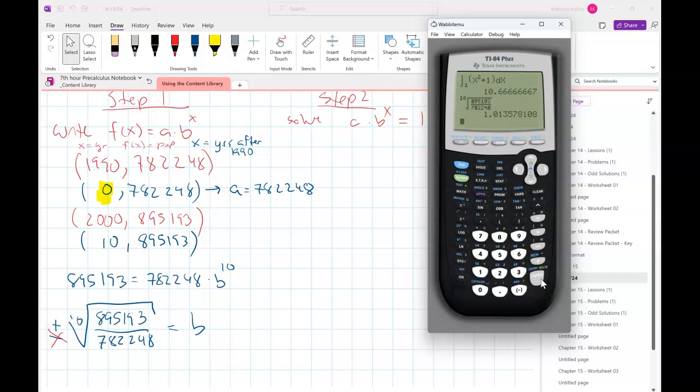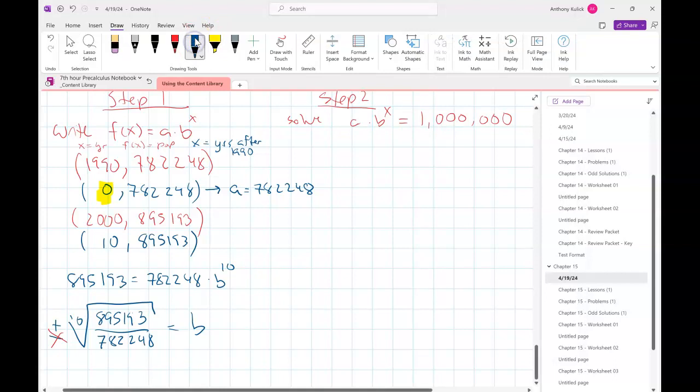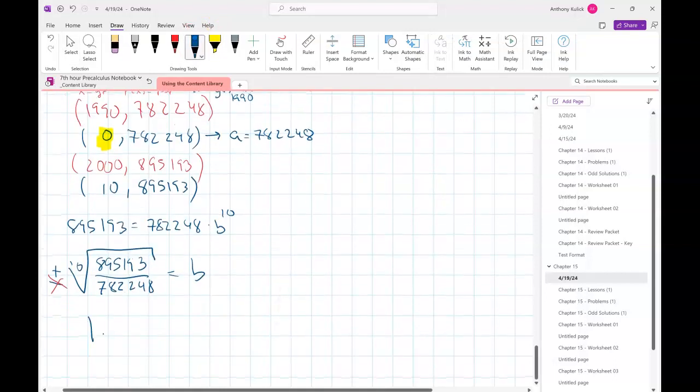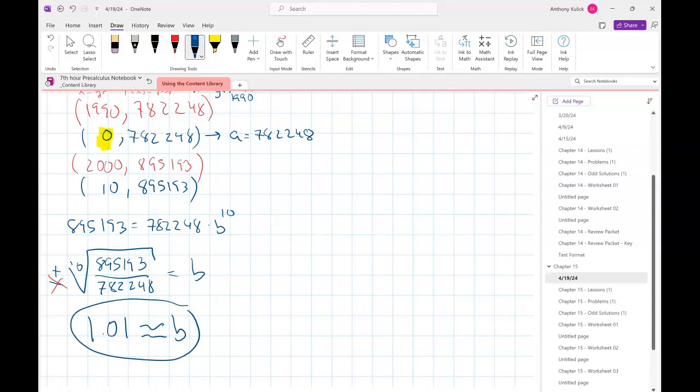So my b is about 1.01. So taking these two together, I get y equals 782,248 times 1.01 to the x.